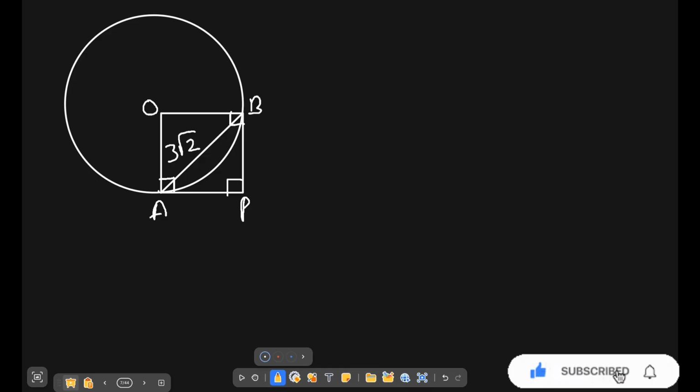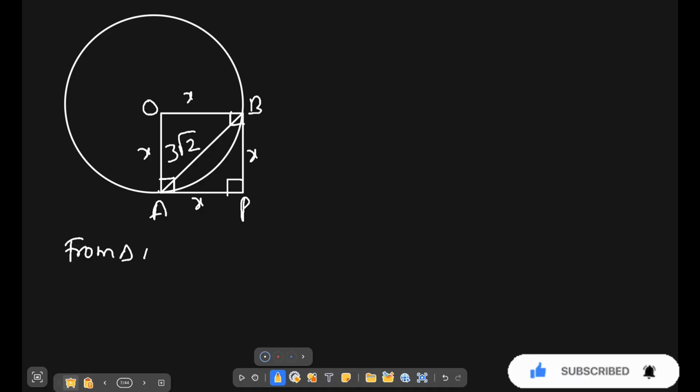So now OAPB is a square. We know that in a square all sides are equal. Let AP be x, then BP is also x, OB is also x, and OA is also x. Now from triangle APB, apply the Pythagoras theorem.